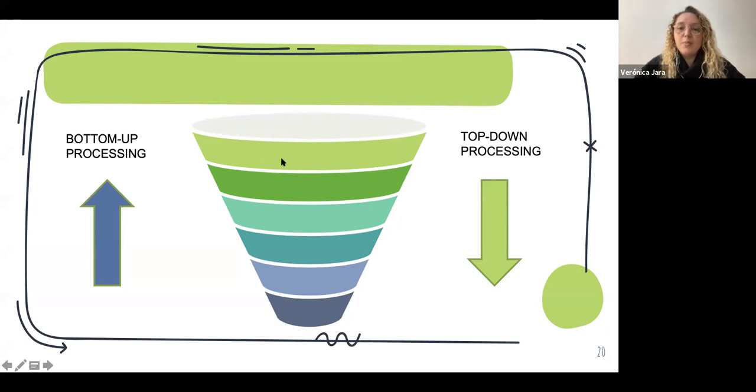That is when we go from the most general to the most specific. We start from big things. On the other hand, if we focus on the small things and then we go up, that is what we call bottom-up processing.